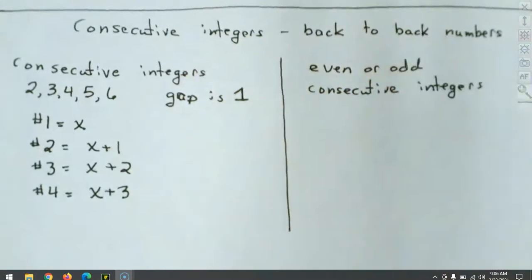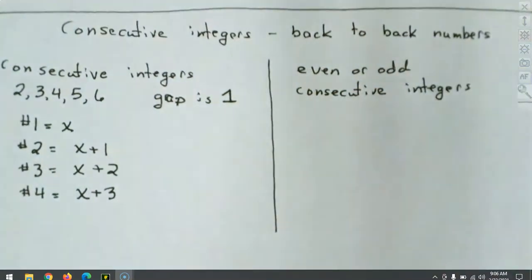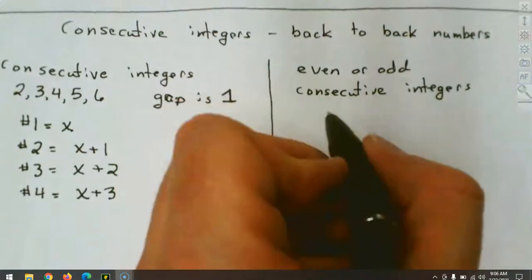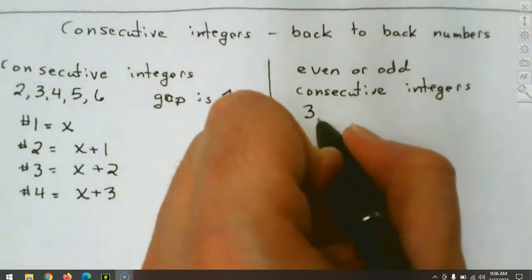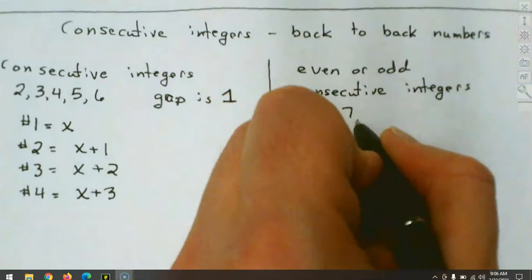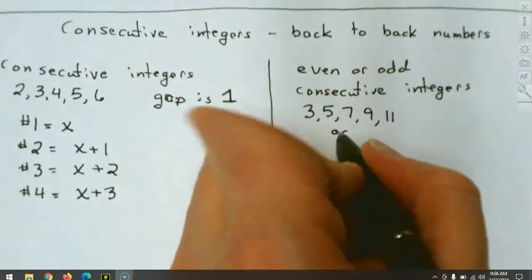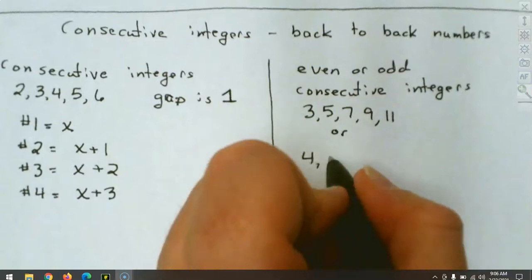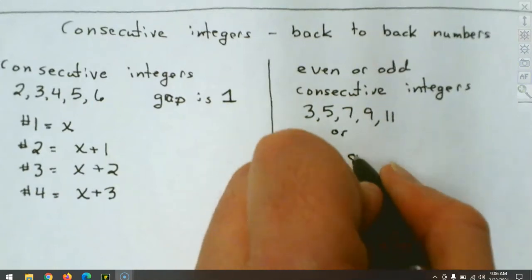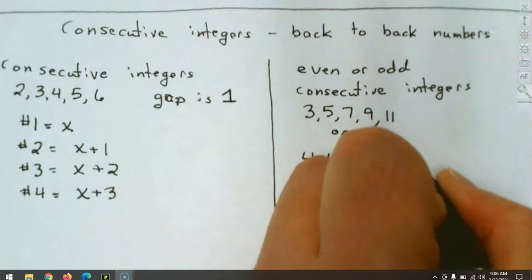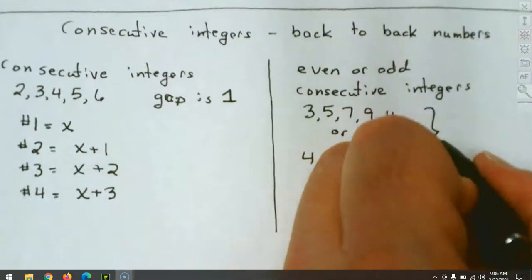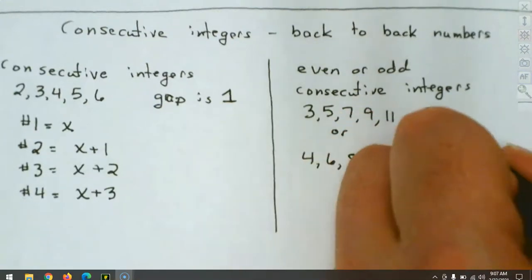Well, what do even or odd consecutive integers look like? Even or odd would be things like 3, 5, 7, 9, 11, or it might be something like 4, 6, 8, 10, and 12. And what do you notice about these? These have a gap of 2.